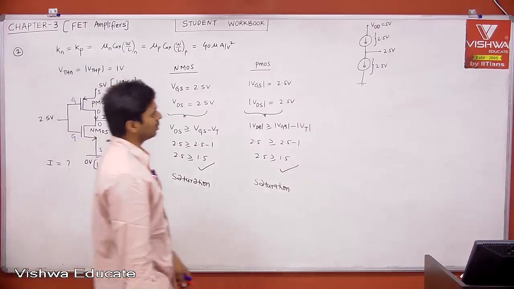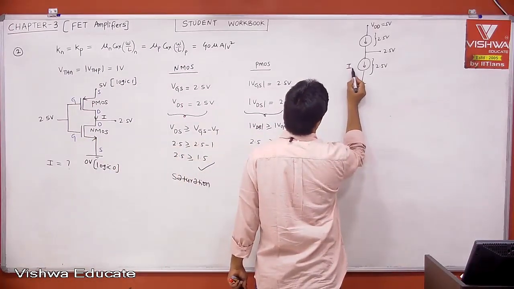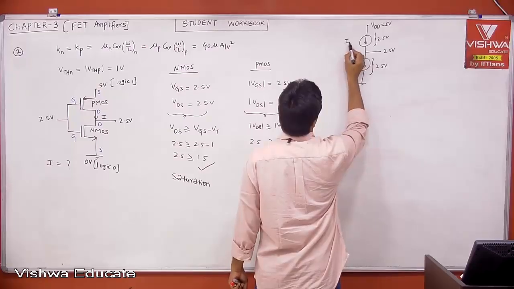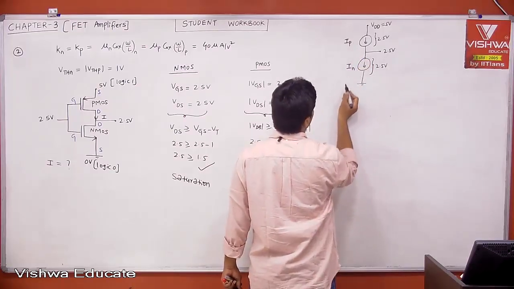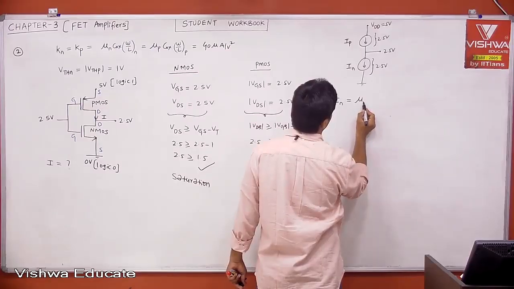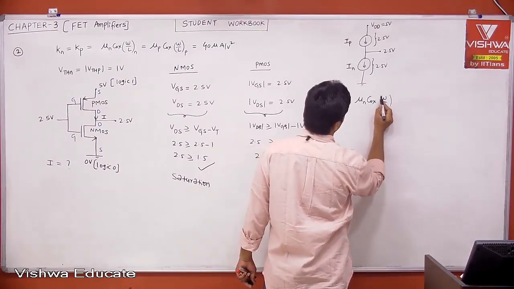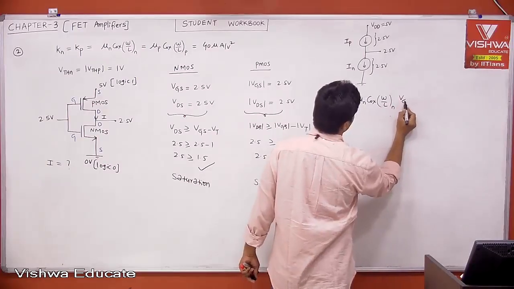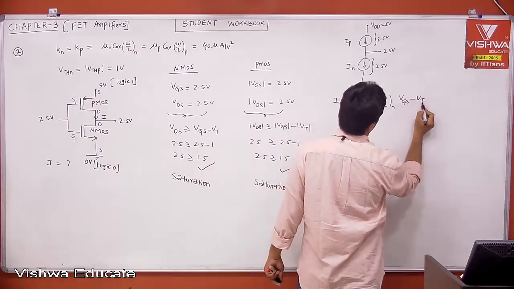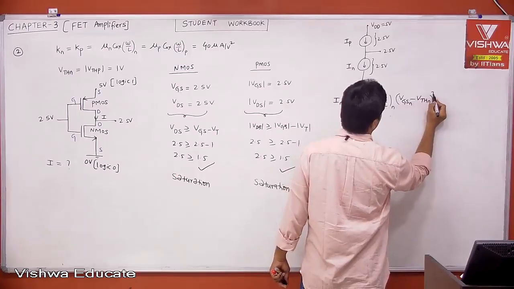Okay, now let's see, this is our NMOS current, this is IN, and this is IP. Therefore what is IN? IN is nothing but mu n Cox W by L of NMOS into VGS of NMOS minus VTH of NMOS, whole square.